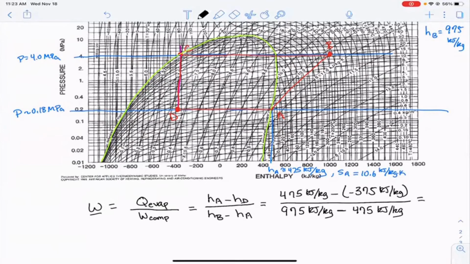So for this process, the coefficient of performance is equal to 1.7. So it's greater than 1, just like it is for most processes.